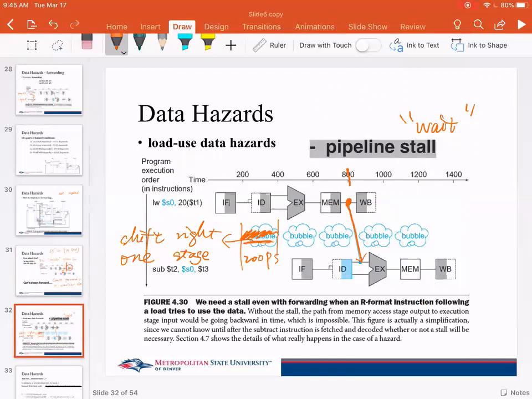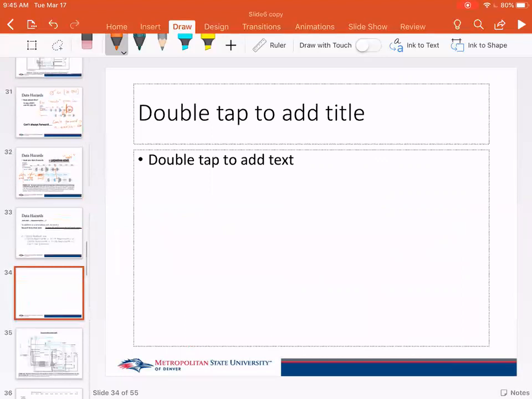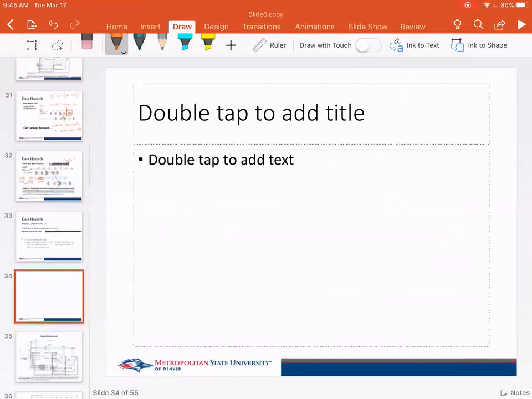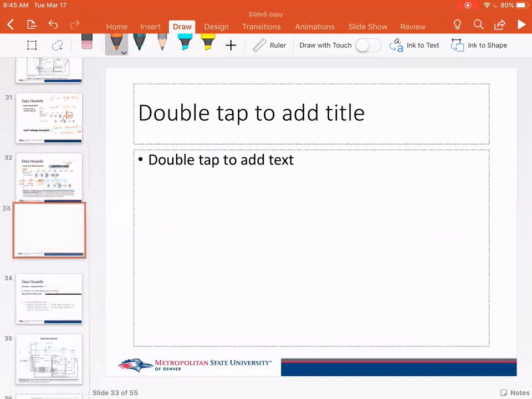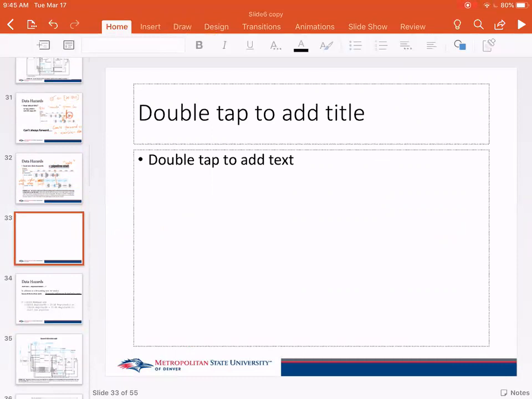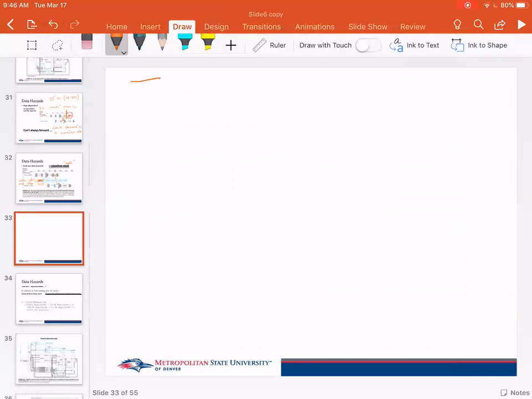So to summarize what we did today, we have introduced two different solutions to handle the data hazard. One is, of course, if we can do forwarding, then we will do forwarding.